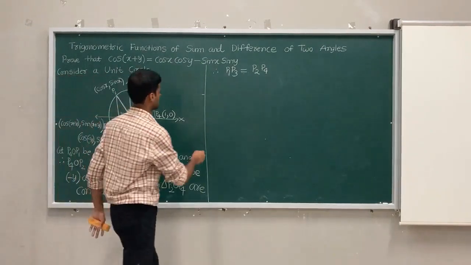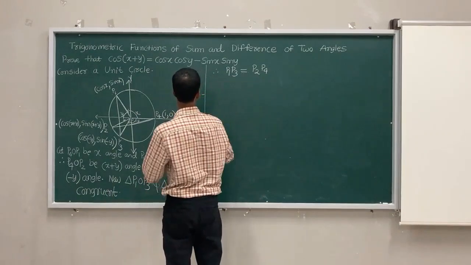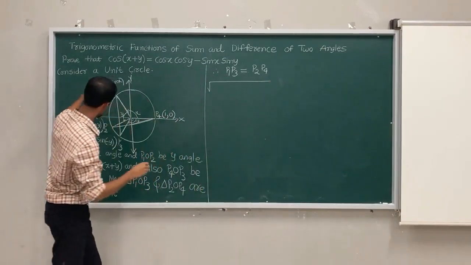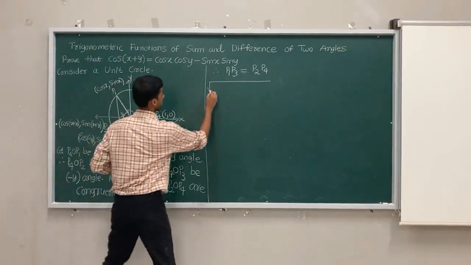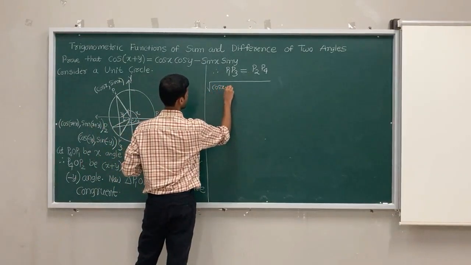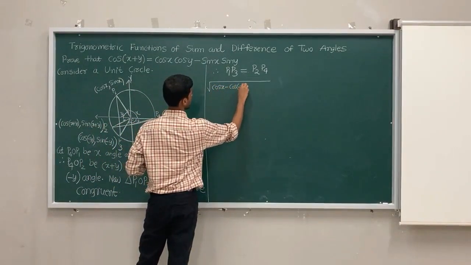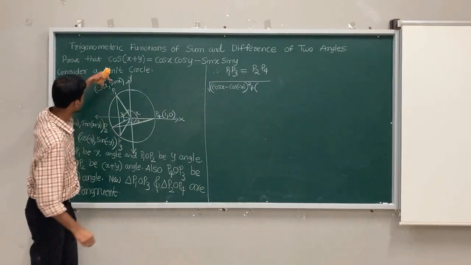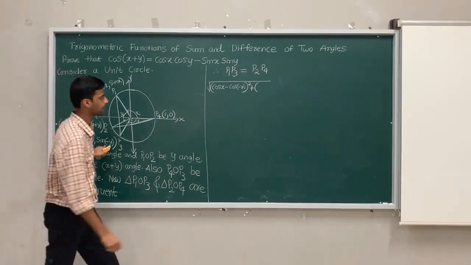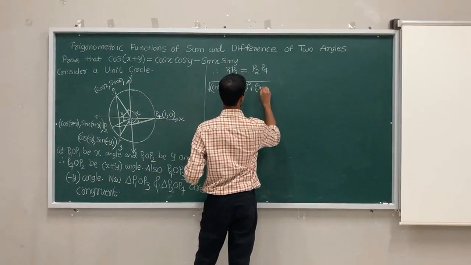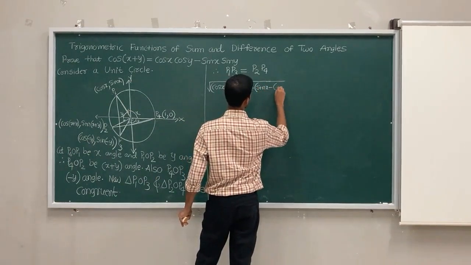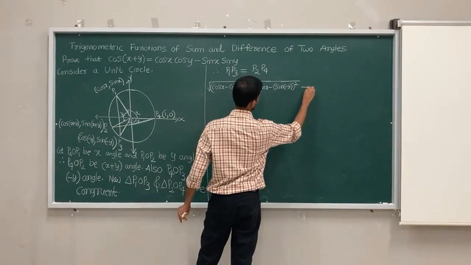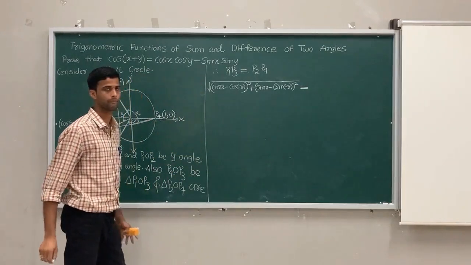So P1 P3 is nothing but the square root of cos x minus cos of minus y the whole square, which is like x1 minus x2 the whole square, plus sin x minus sin of minus y the whole square. That is about P1 P3.